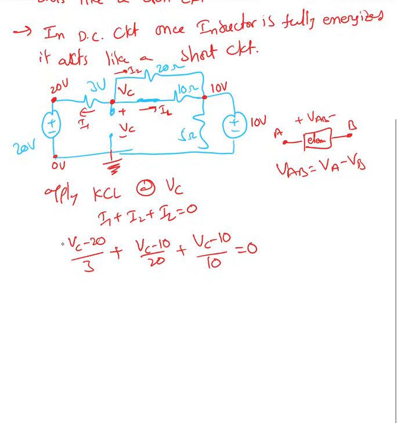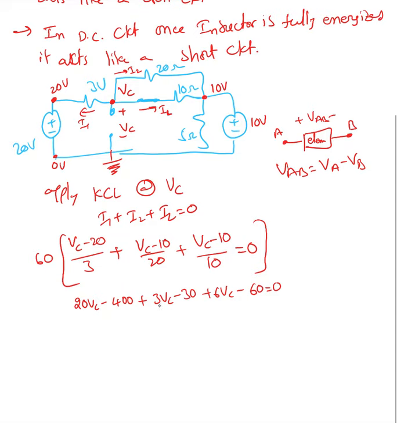To eliminate the denominators, I multiply by 60. 60 divided by 3 is 20, so 20 VC minus 400, plus 3 VC minus 30, plus 6 VC minus 60 equals 0.